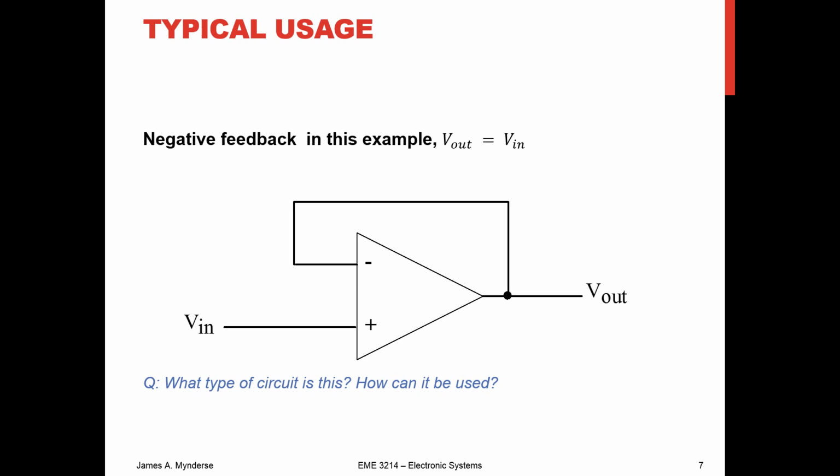This is what we call a follower circuit. All it does is take advantage of the infinite input impedance at V plus and the 0 output impedance at V out. And so it allows us to separate two systems through the high input and the low output impedances, so there's no loading on the system, which we'll talk about.